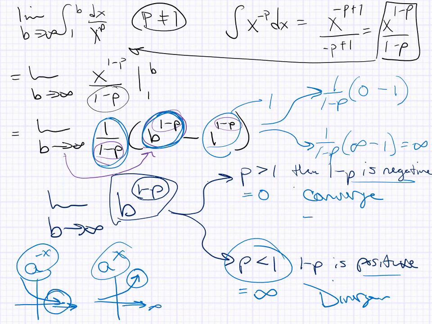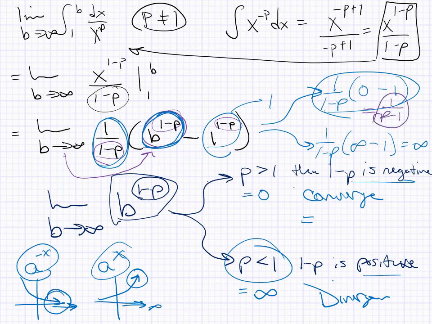In this case, we converge to this, and we could rewrite that as negative 1 over 1 minus p, or we could also write it as 1 over p minus 1, just distributing the negative to the denominator.